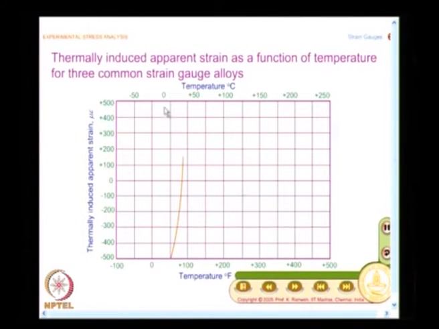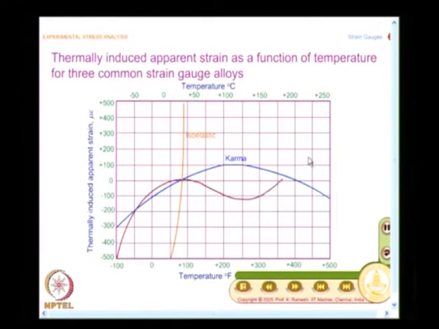And here is the repetition of the graphs, wherein in one graph you have the thermally induced apparent strain for isoelastic alloy, Karma alloy as well as Advance.